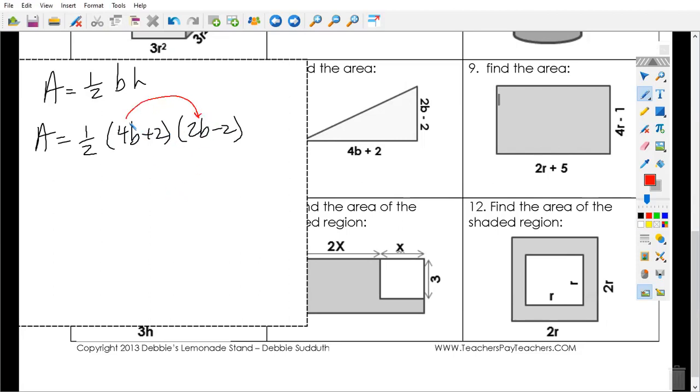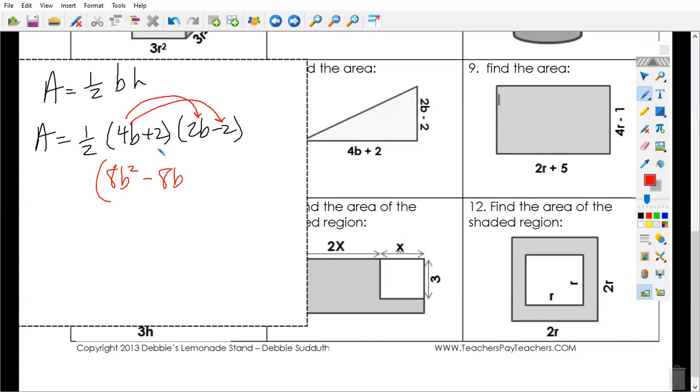So first, what is 4b times 2b? 8b squared. And then 4b times -2 is -8b.